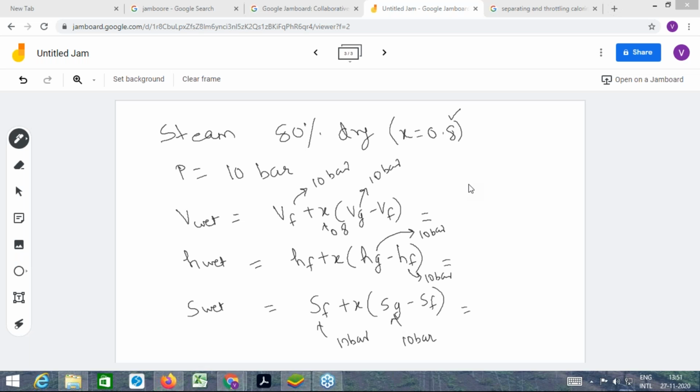Yeah, Gunjan and Kunal are getting right answers. Neha, you also need to check your value of specific volume. Nikhil Pardeshi has also got it wrong. Neha and Anamta, please check your answers about specific volume.